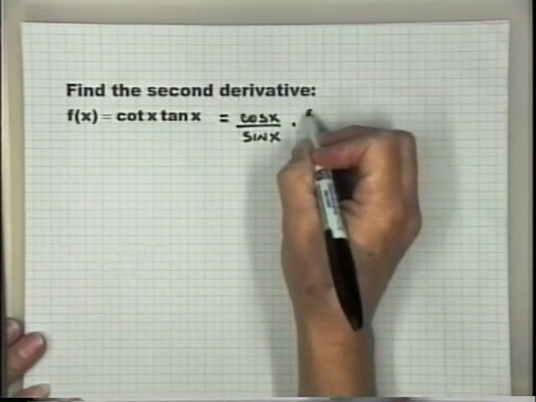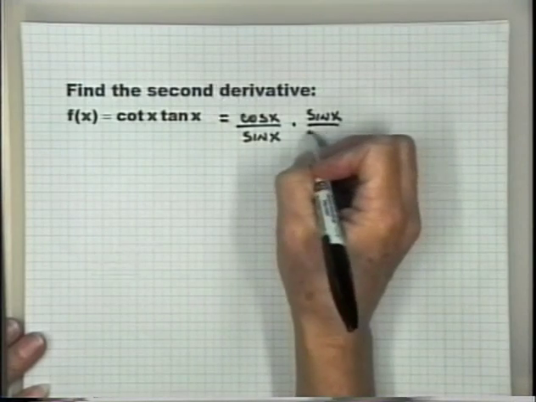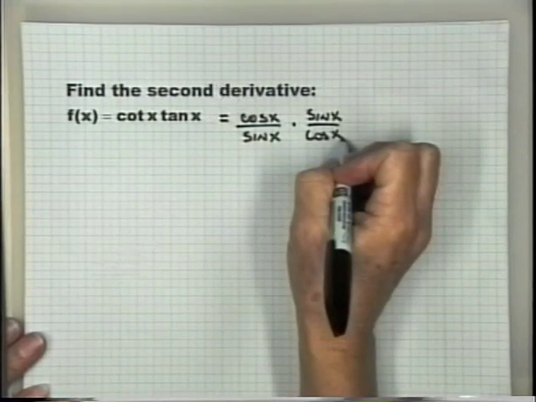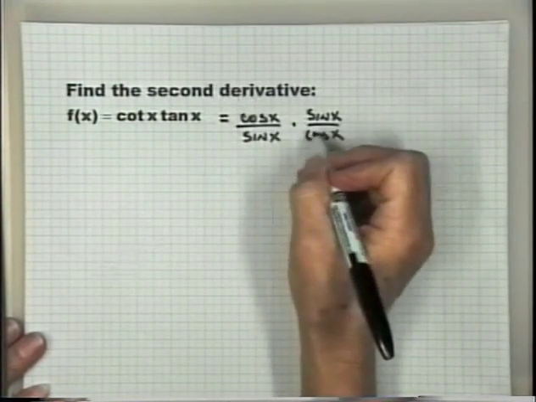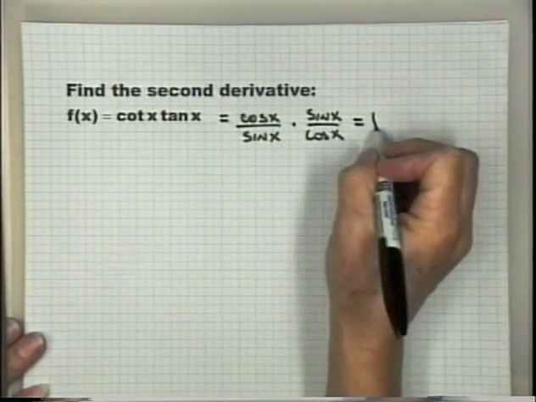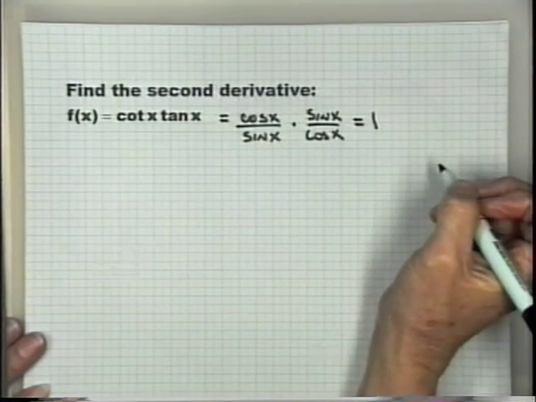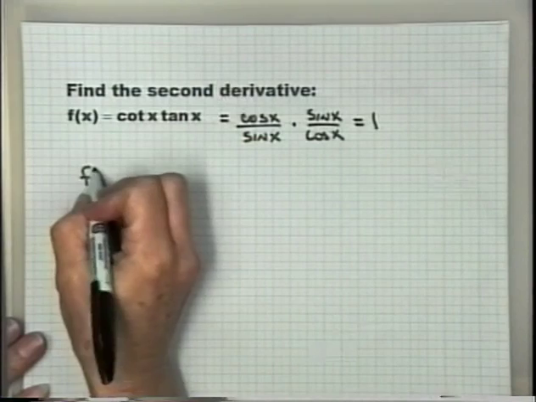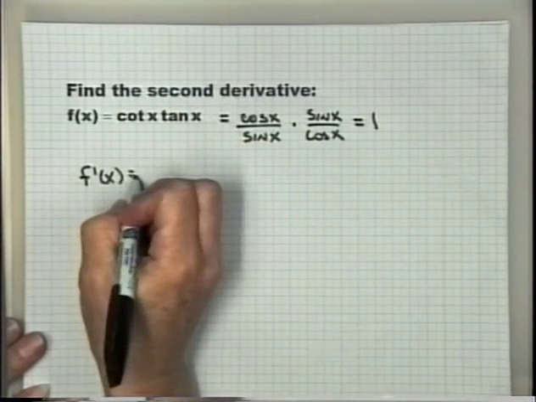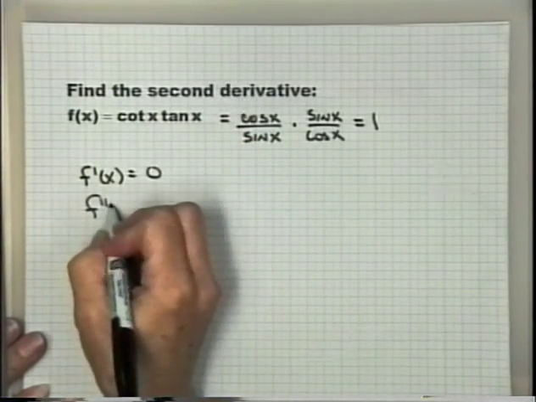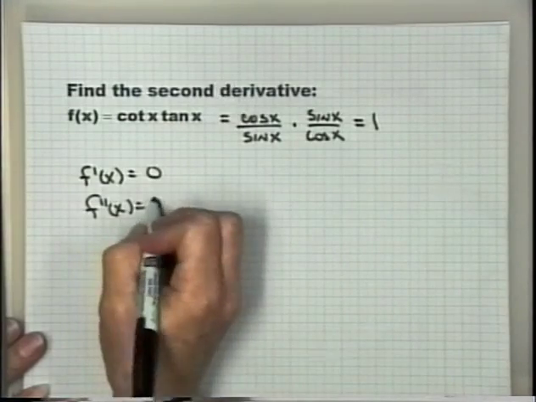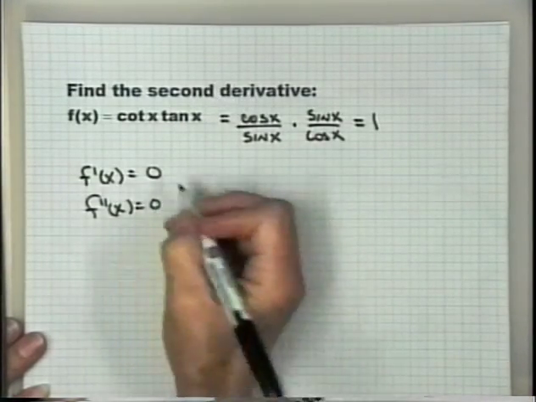The tangent of x is sine x over cosine x. These cancel, so that's just 1. Cotangent x times tangent x is 1. That's just a constant. That means the first derivative is 0, so is the second one, because the derivative of any constant is 0.